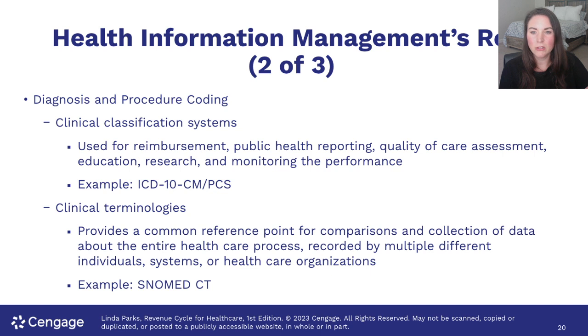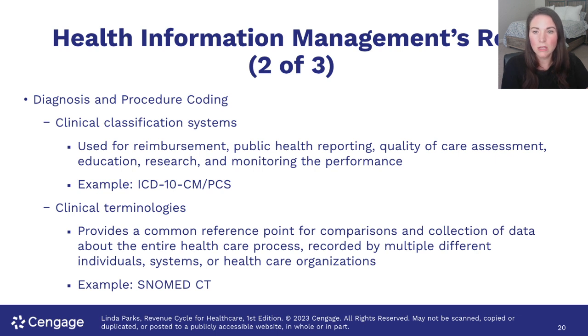Okay, I know we touched on coding a little bit in week 1, but let's review it here. This is where numeric and alphanumeric codes, which is just letters and numbers, are assigned to diseases, injuries, surgical procedures, and supplies that are used. There are 2 different sets of coding schemes.